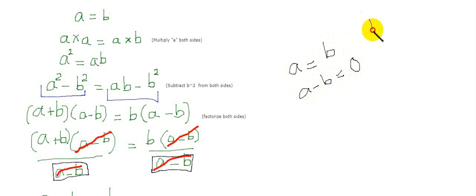As you can see, 1 is equal to 1, and if I subtract 1 from 1, it will result in 0. Similarly, here if A is equal to B and I subtract B from A, it will result in 0. So here actually we are dividing both sides by 0, which is a violation of mathematical rules, because we can't divide by 0.